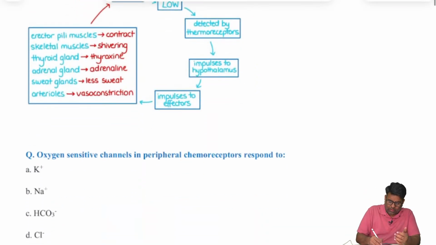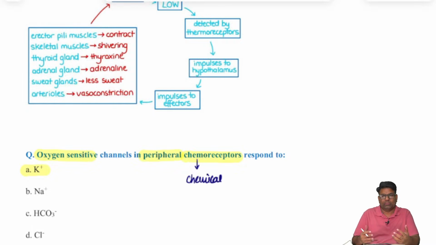Now, the oxygen sensitive channels of peripheral chemoreceptors respond, and these are actually potassium dependent. Now let us discuss what these peripheral chemoreceptors are. As the word suggests, chemo is related to chemical.